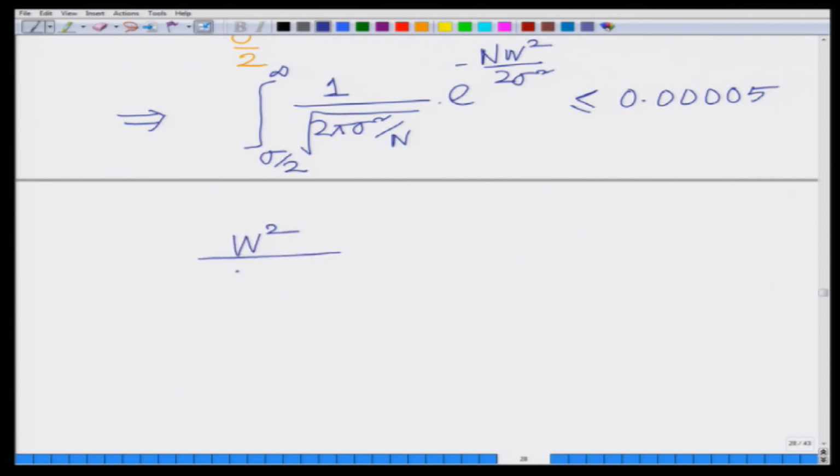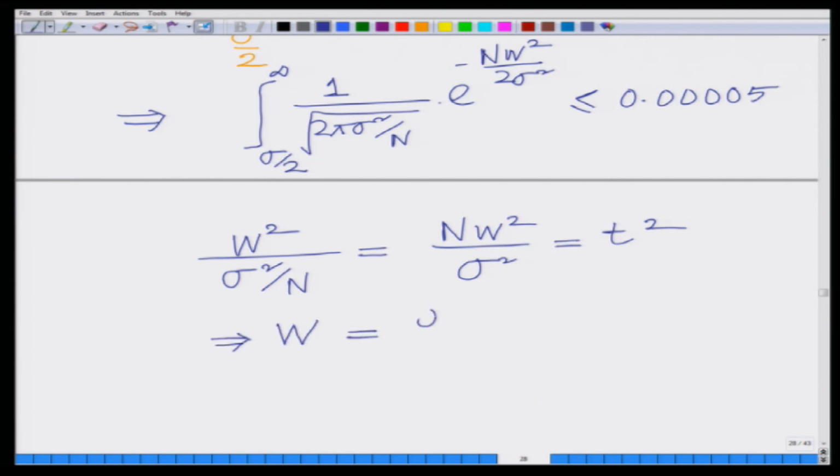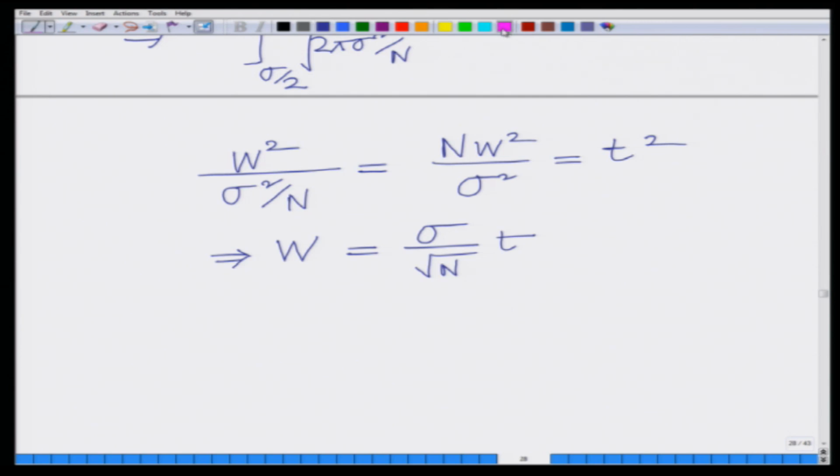Now let us use the substitution n W square divided by sigma square equals t square, which implies that W is equal to sigma divided by square root of n times t, which also implies that dW equals sigma divided by square root of n dt.